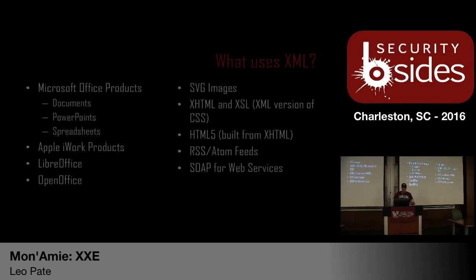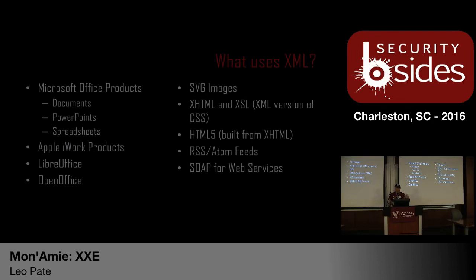So taking a look at some stuff, what uses XML? Like I said before, Microsoft Office products, so documents, PowerPoint, spreadsheets, and then Apple iWork products as well, so Pages, Keynote, and Numbers. LibreOffice, OpenOffice, SVG images, the vector images.